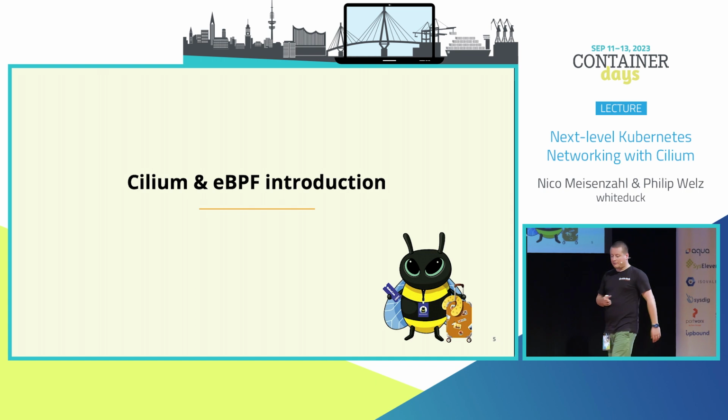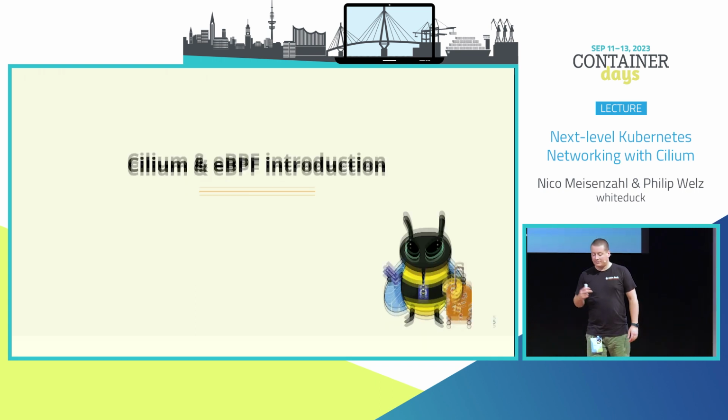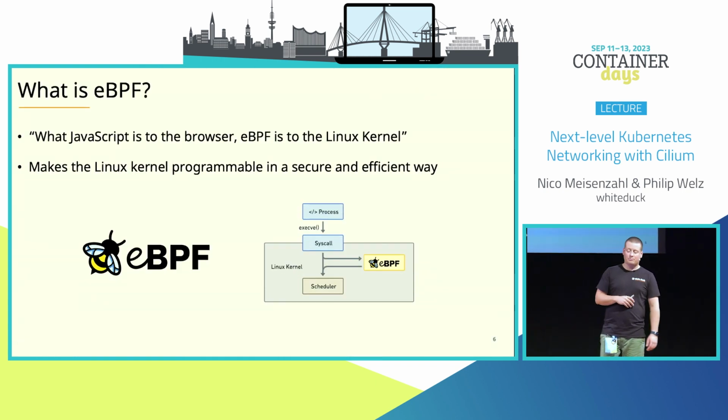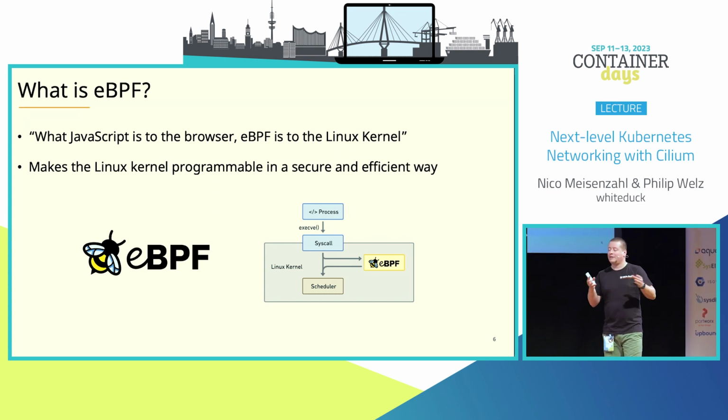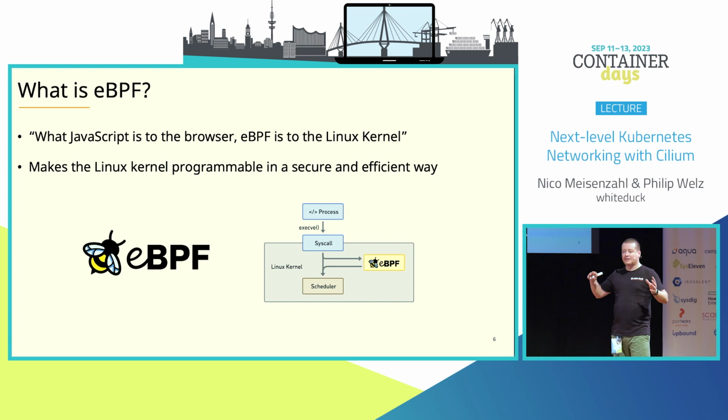Starting with the Cilium eBPF introduction, and here mainly with eBPF for the start. You can talk about eBPF the whole day, so this is really just a quick summary. Basically eBPF allows you to extend your kernel with your own code, and this code is completely sandboxed, running securely next to your kernel.